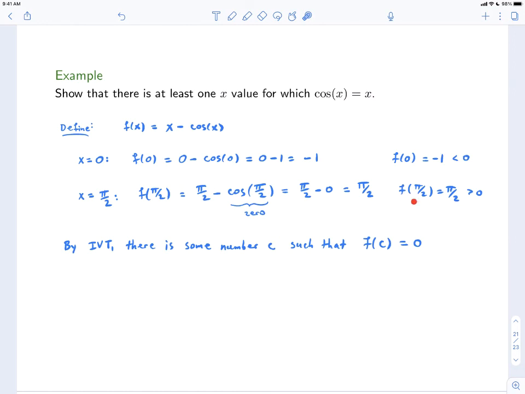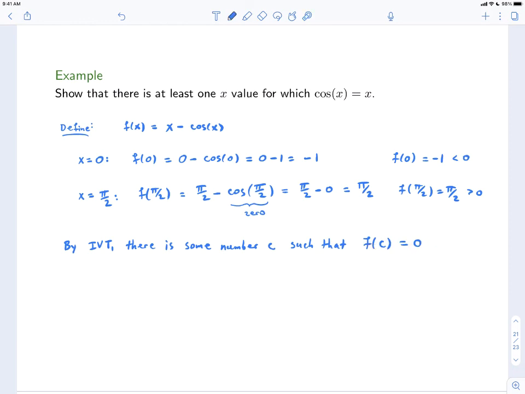F of pi over 2 is equal to positive pi over 2. So that means there's some number c between 0 and pi over 2 such that the output is equal to 0, because this is a negative number and this is a positive number. If I pick any value between them, like say 0, then there exists some c between 0 and pi over 2 such that the input c gives me the desired output.